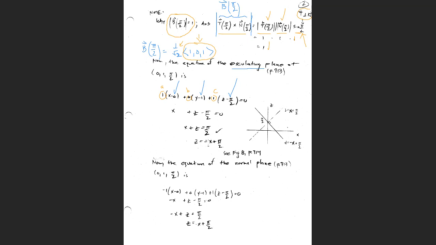And you work it out, the 1 over root 2 can be excluded. That scalar multiple. So z will equal negative x plus pi over 2.